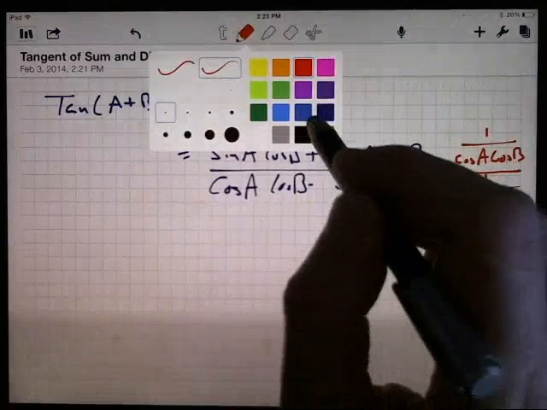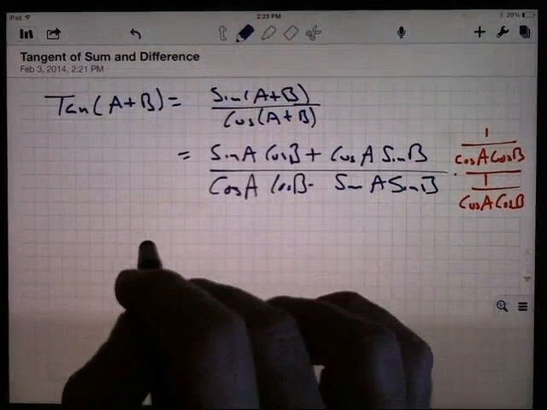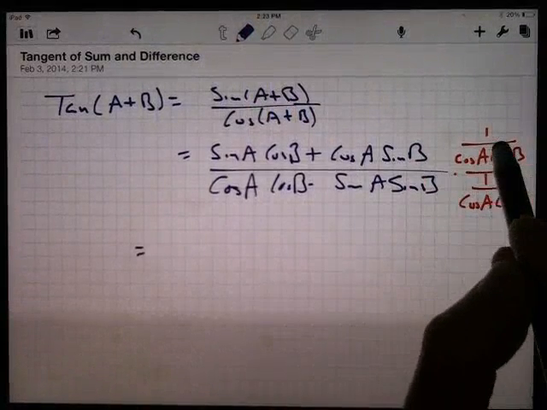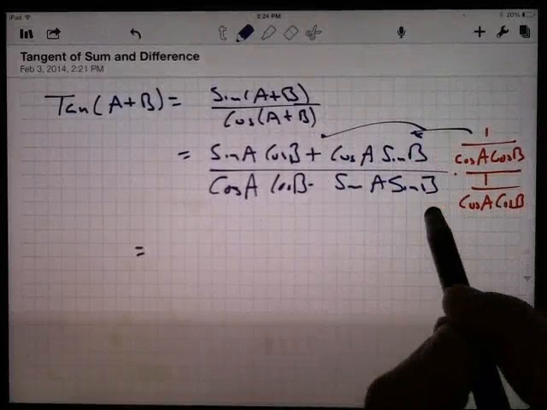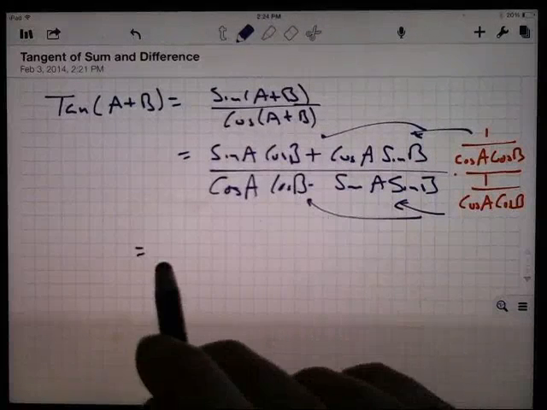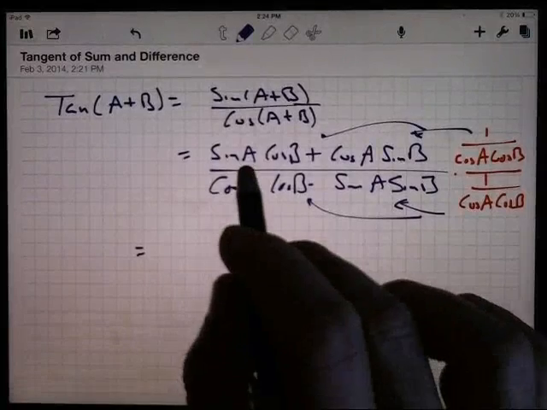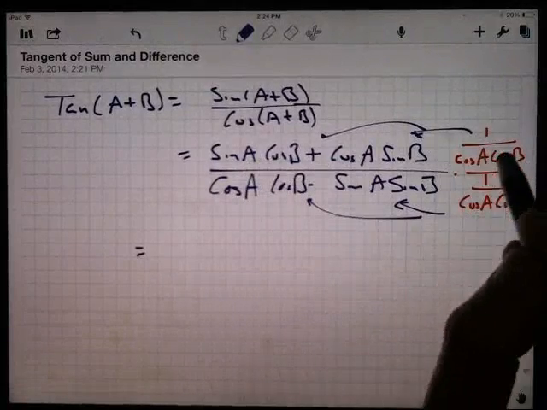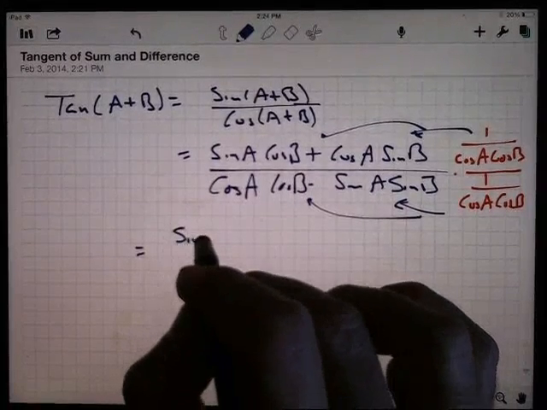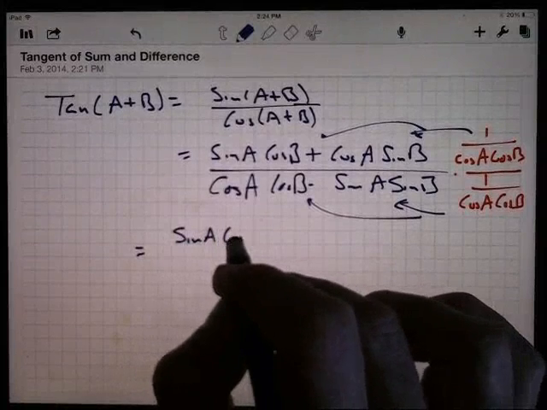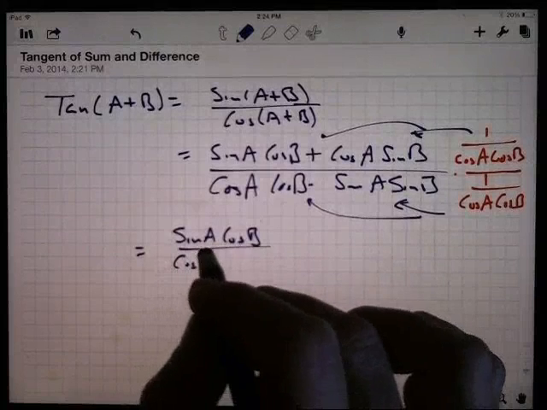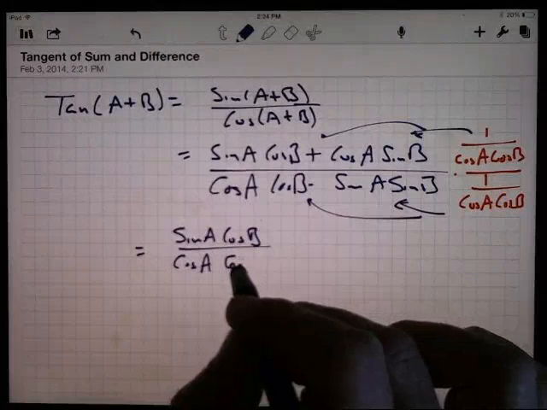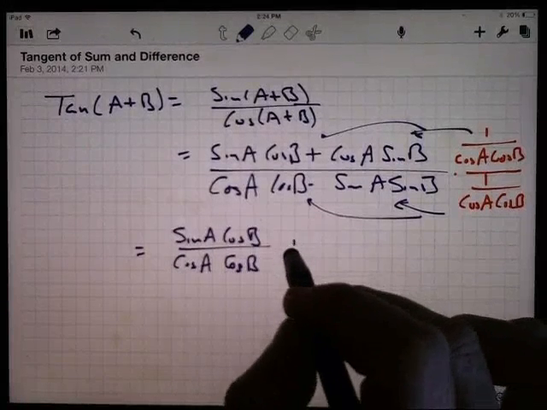Once I do that, there's a distributive property, because this gets multiplied by both things there. Likewise on the bottom, this gets multiplied by both things here. So sine A cos B times that fraction puts sine A cos B on the top, and that denominator of cos A cos B goes on the bottom. Denominators generally go on the bottom.